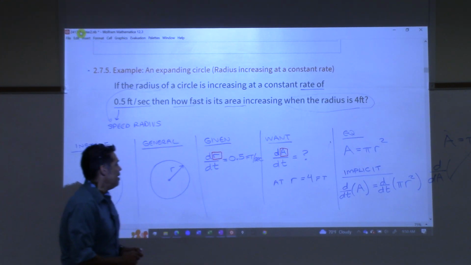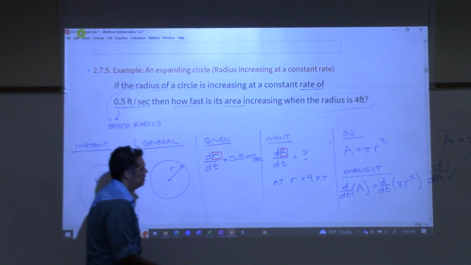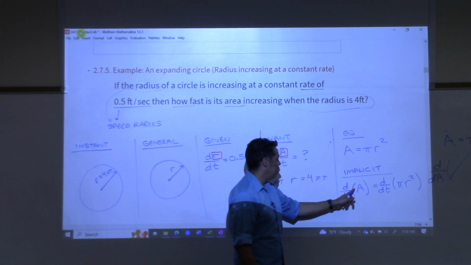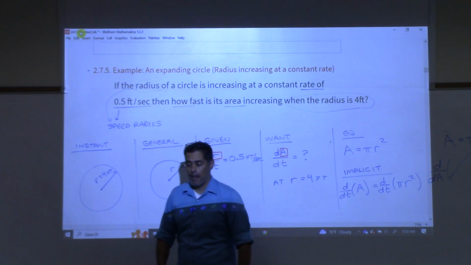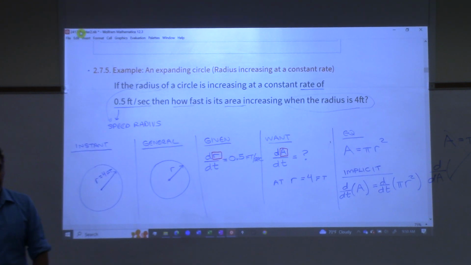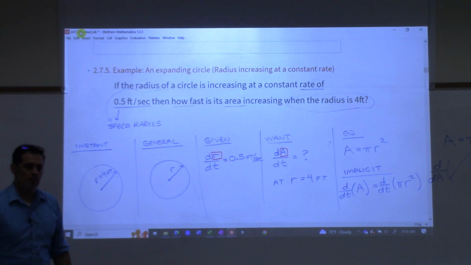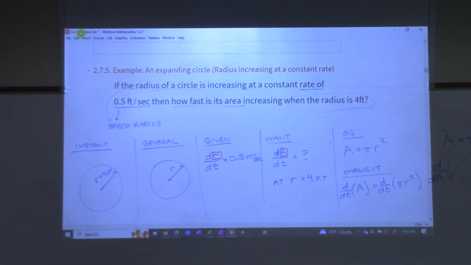All right, what is the derivative of A with respect to t? Would we ever have a problem where we have a different variable, like with respect to one thing on one side and something else on the other?